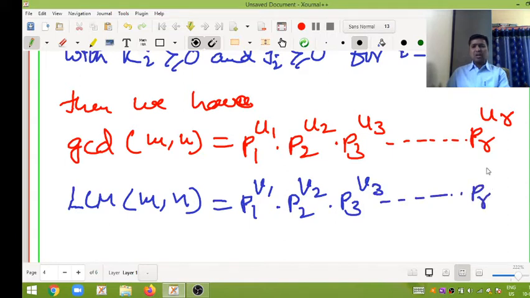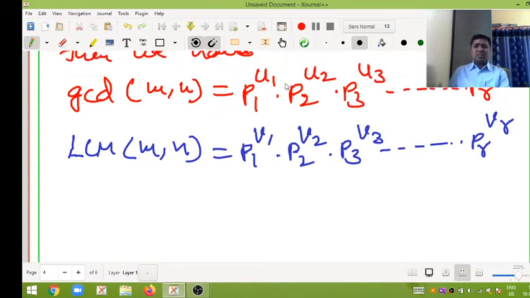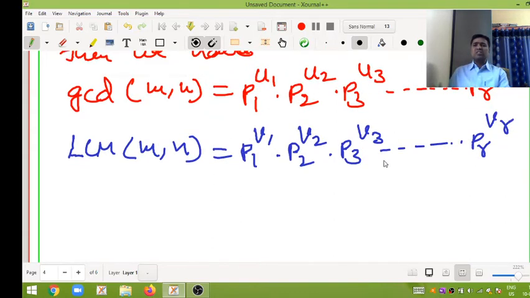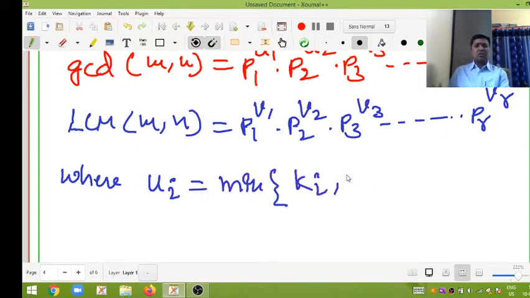Into pr power vr, where u1, u2, u3, ur and v1, v2, v3, vr, how they come. In general I am writing ui is equal to minimum of ki comma ji, my dear friends.